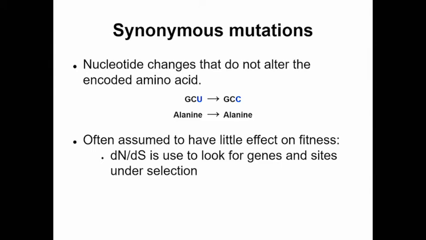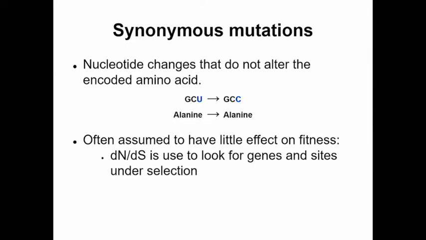I think people acknowledge that there is the potential for these kinds of mutations to have fitness effects, but the idea is that often a safe assumption is that they have little effect, and we can ignore fitness effects that there may be with these kinds of changes.